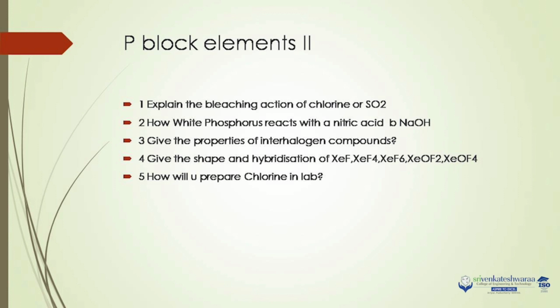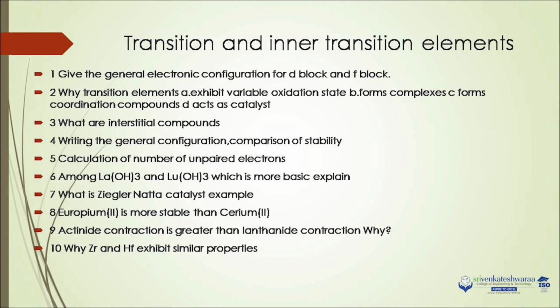Regarding HOF, what is the oxidation state of oxygen in HOF? Hydrogen plus 1, oxygen X, fluorine minus 1, equal to 0. So X is equal to 0. The oxidation state of oxygen in HOF is 0. Regarding this, next is the chapter on transition and inner transition elements.